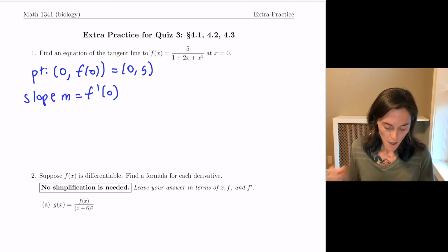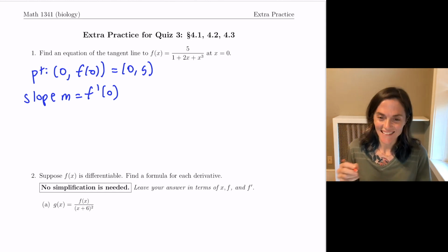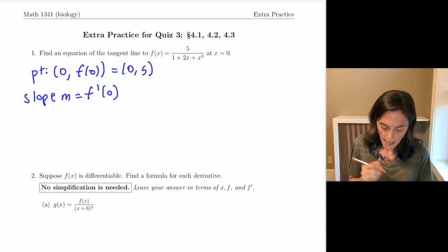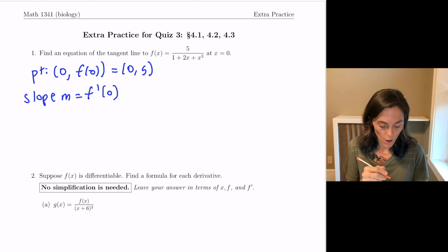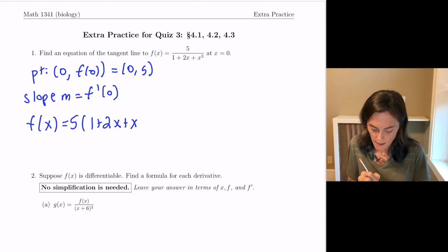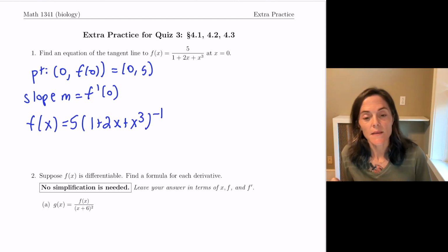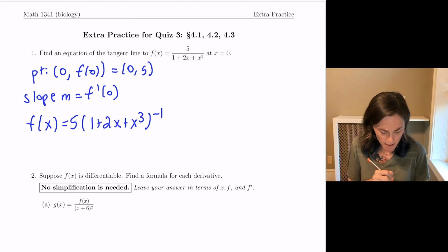Perfectly fine. Now, to get the slope of the tangent line, I need the derivative. I'm going to use chain rule. So you see my function itself, we can write as 5 times (1 plus 2x plus x cubed) to the minus 1. This is very similar to one we just did in the notes. Now take the derivative, chain rule.